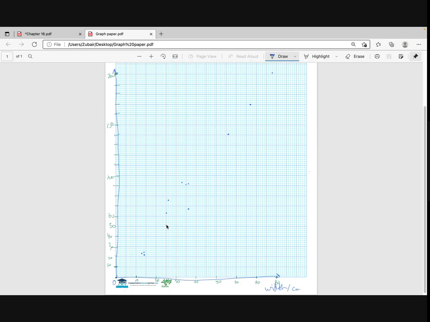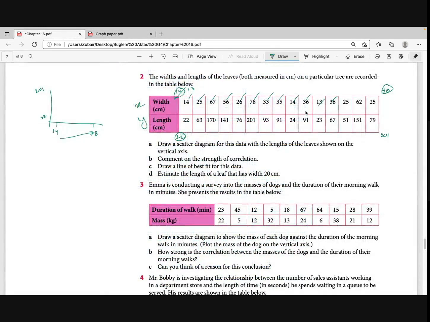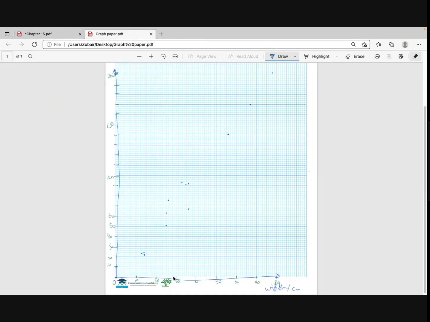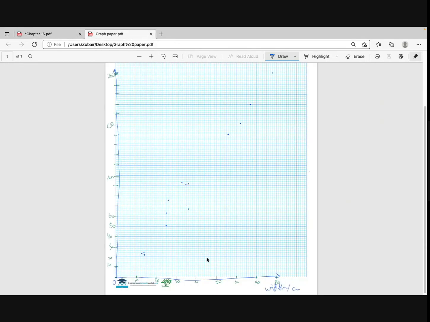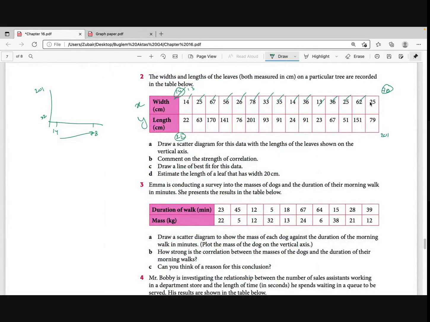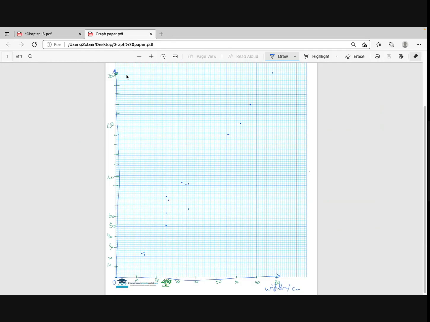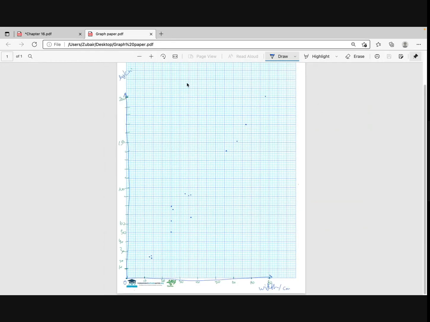Then 62, 151. 62, 100, 150, 1 and 62. Is this 25 and 79? It's 25, 60, 70, 80, 79. Okay. So these are our points.